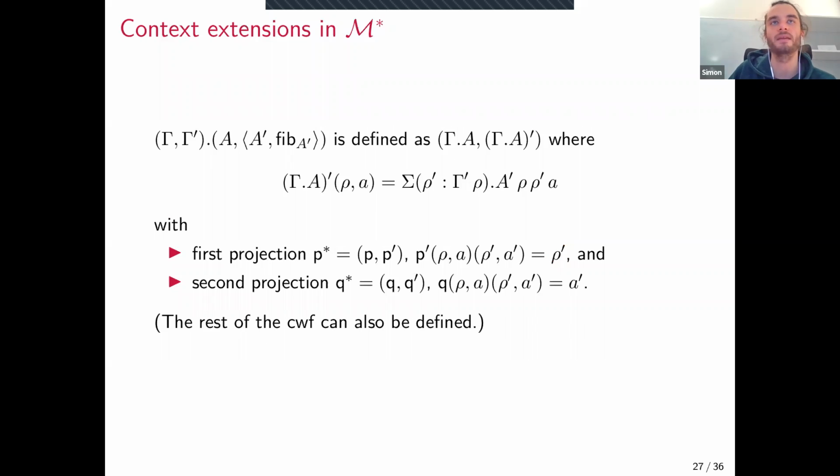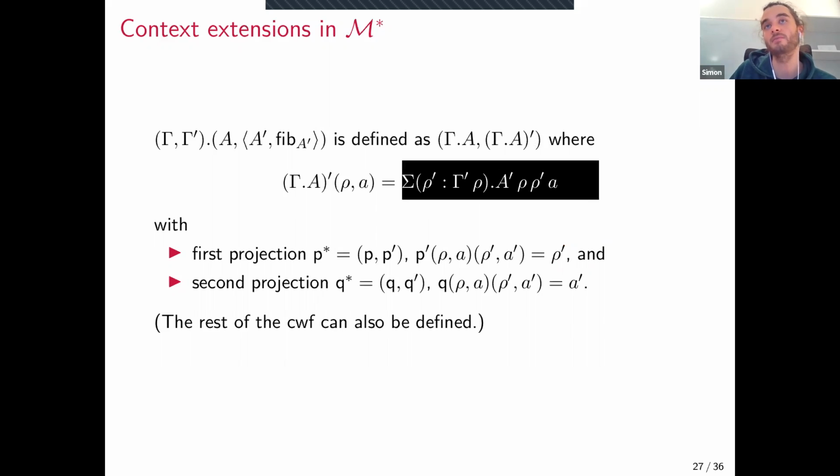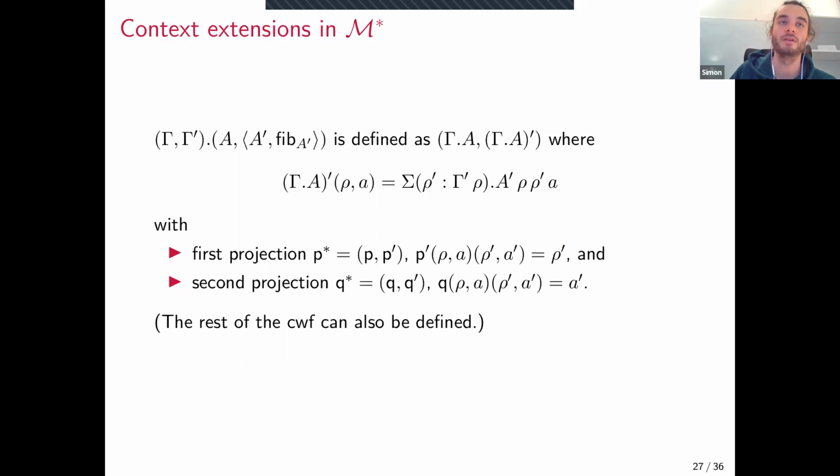And then you can define context extension by just taking context extension of M, and the computability predicate will be defined using a sigma type. And then you can define the first and second projections and so on. And the rest of the basic CWF structure.